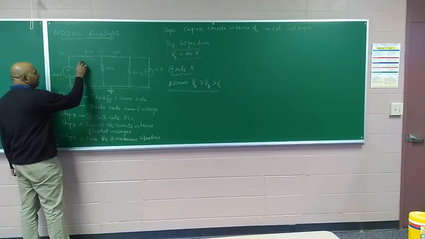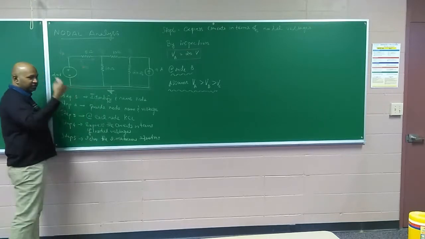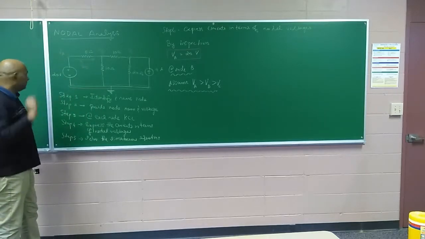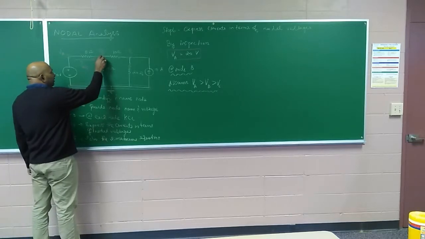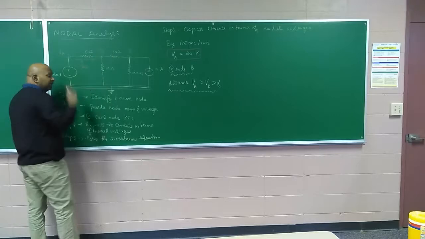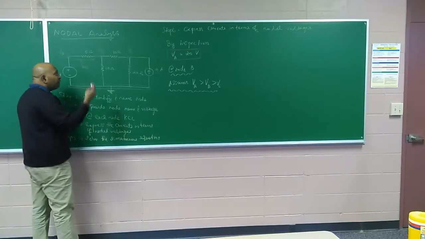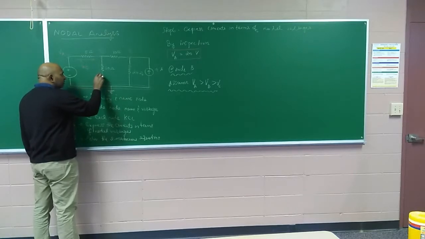I'm going to give that current a name, I sub AB, which means it's flowing from A to B. Similarly, at this node, since V sub B is at a higher voltage compared to ground, the current flows from B towards ground, and I'm going to call this I sub B.